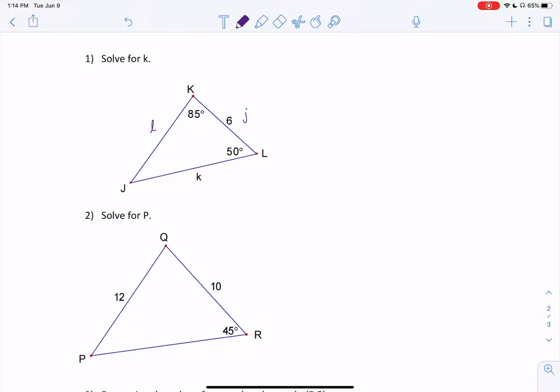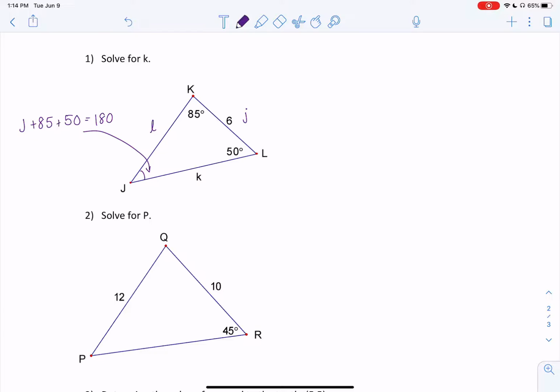So now I need to make sure Sine Law works. So I'm going to look for a full pair. So do I have a full pair here? No, but can I get a full pair? Sure, let's just find this angle first here. So to find angle J, I have all my angles, J plus 85 plus 50 equal 180.